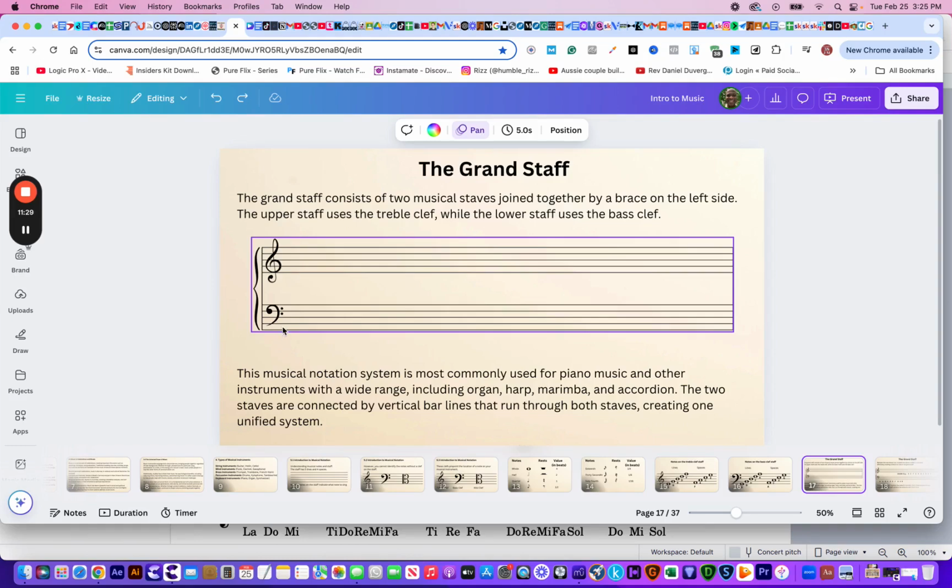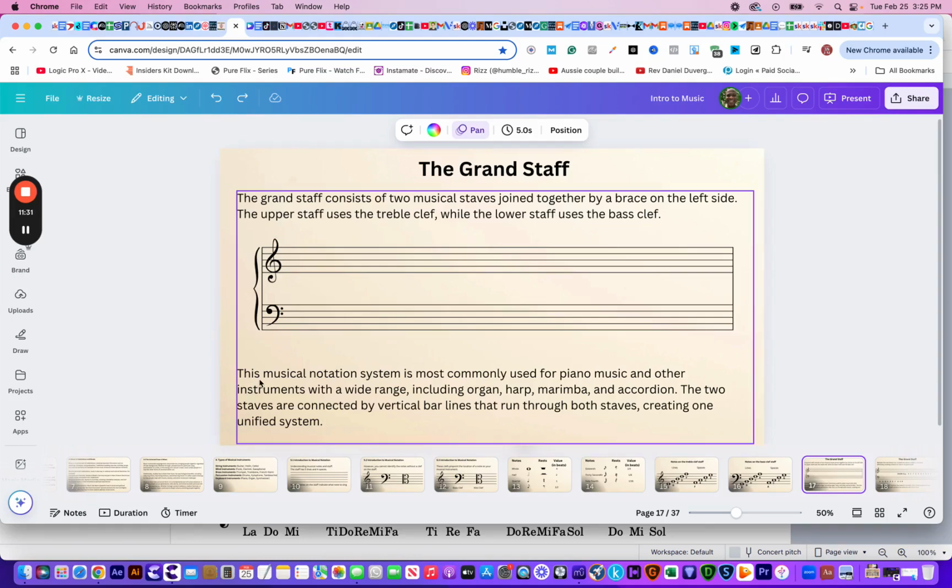Okay? All right, so as this indicates, this musical notation system is mostly used for piano music and other instruments with a wide range, including the organ, the harp, marimba, and accordion.